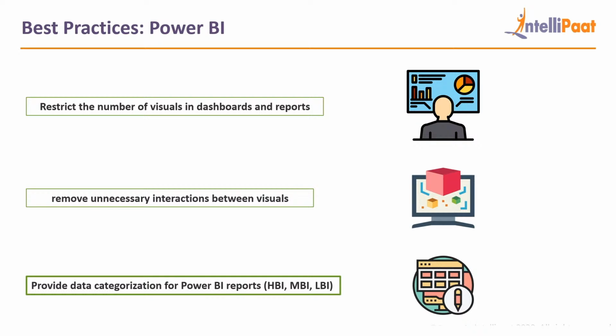High business impact data requires users to get some policy exceptions to share the data externally, right? Low and medium business impact data do not have that kind of exception policy, so you do not indulge in that scenario. But whenever you're using Power BI, the sensitivity levels are very important. So you must raise awareness among users about the security of the data.